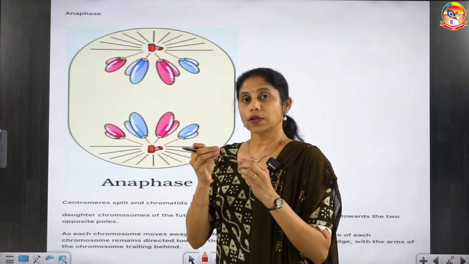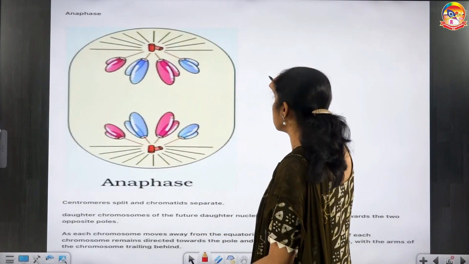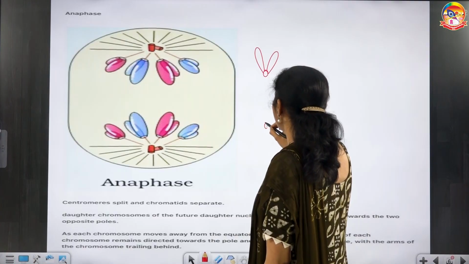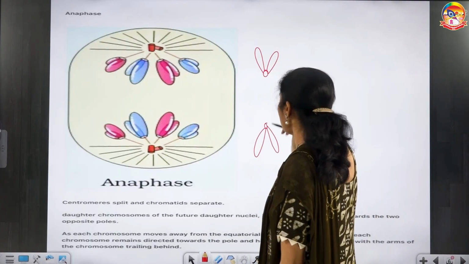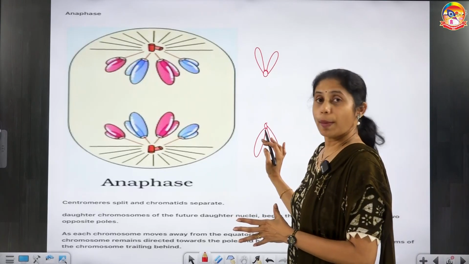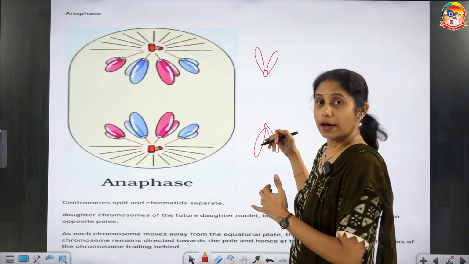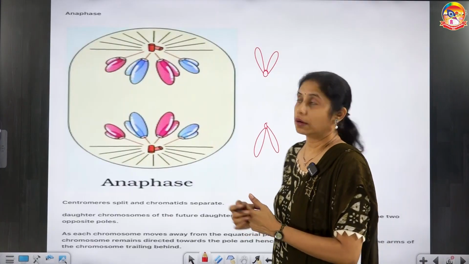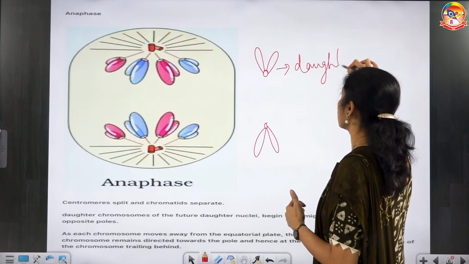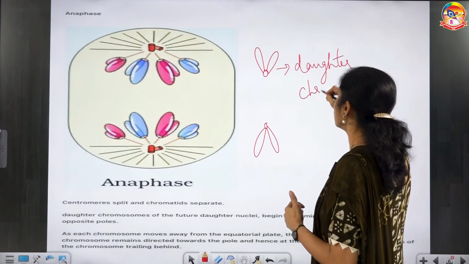Now each sister chromatid will have this type of structure. These sister chromatids are getting separated because of the splitting of the centromere. Now these structures are called daughter chromosomes.